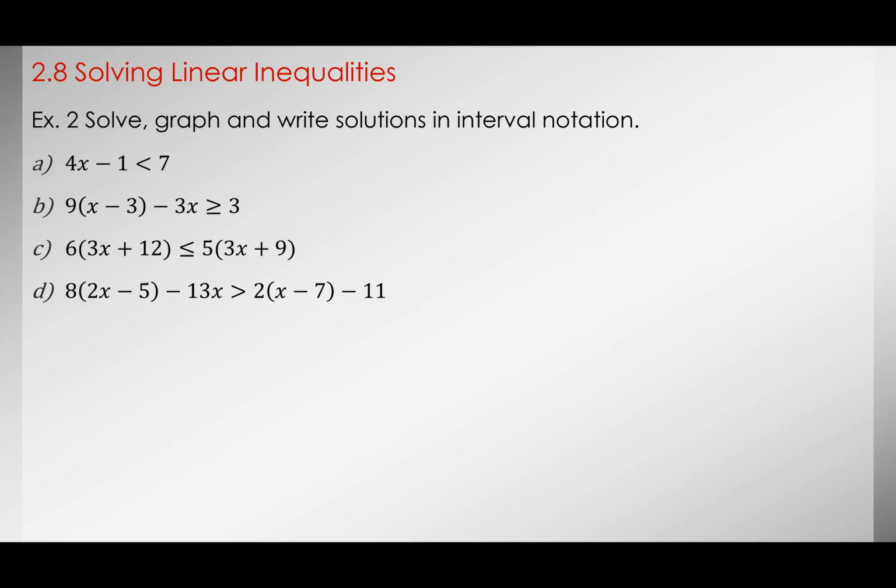So this is your typical item in 2.8. Again, the previous one, I just wanted to show you how your graph should look and how your interval notation should look. Now, this is your problem, ladies and gentlemen, which is A, B, C, and D, right? And they ask you to solve, to graph, and to write your interval notation.